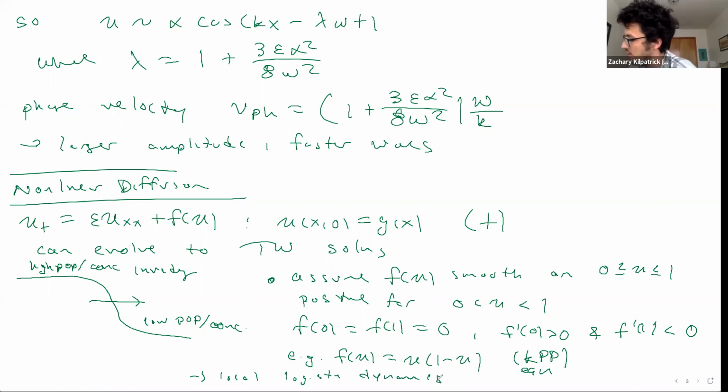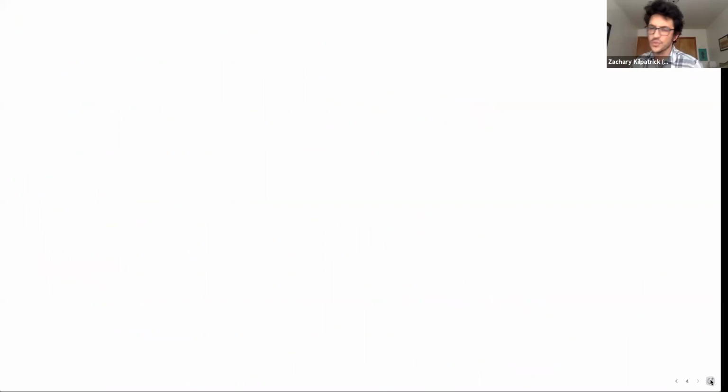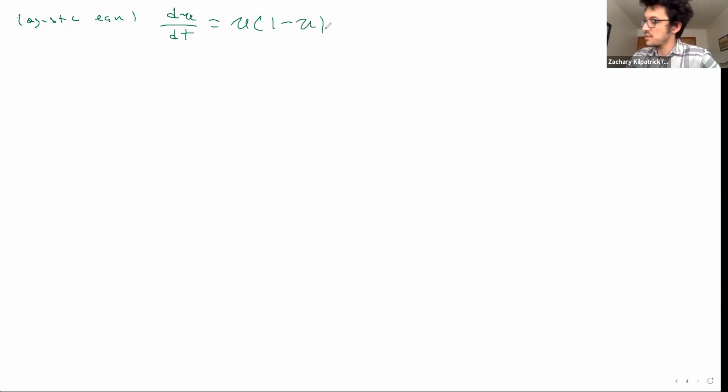Now, if you haven't seen the logistic equation before, or if you don't remember it, because you probably usually see this in differential equations, right? The logistic equation, you can solve it explicitly. du dt is equal to u times 1 minus u, right?